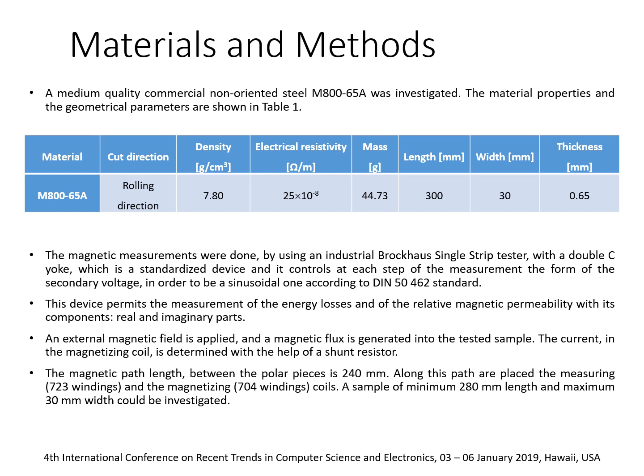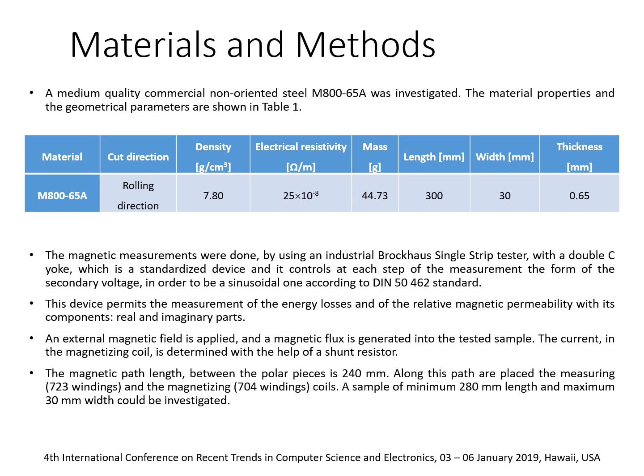The magnetic measurements were done by using an industrial Brockhaus single strip tester with a double C yoke, which is a standardized device, and it controls at each step of the measurement the form of the secondary voltage in order to be a sinusoidal one. This device permits the measurement of the energy losses and of the relative magnetic permeability with its component, real and imaginary parts.